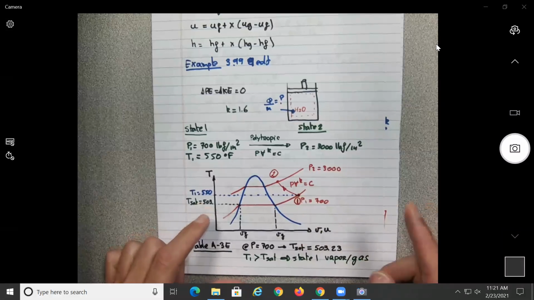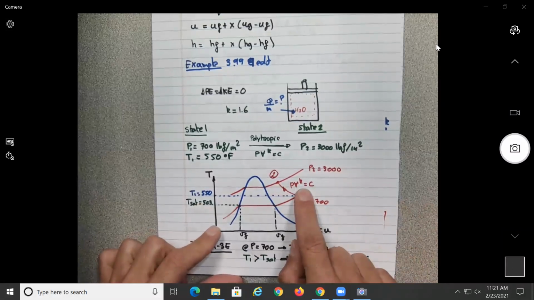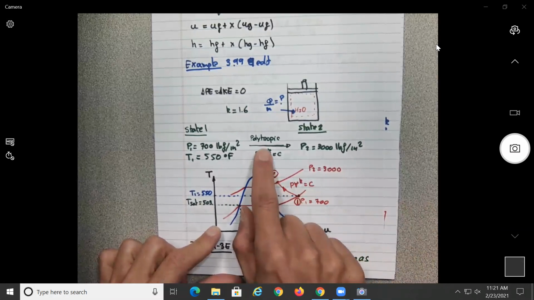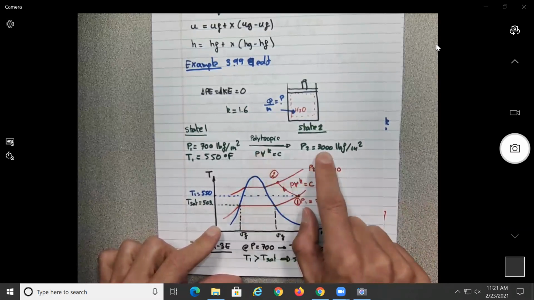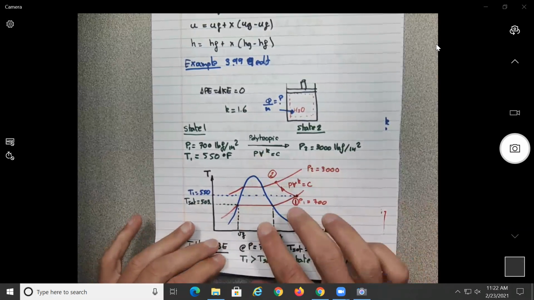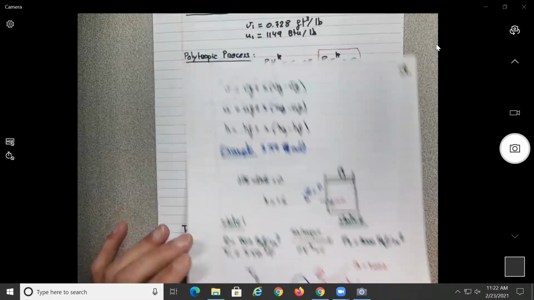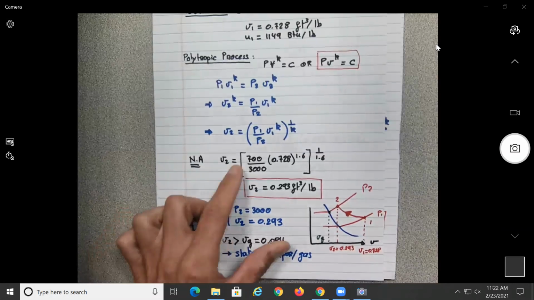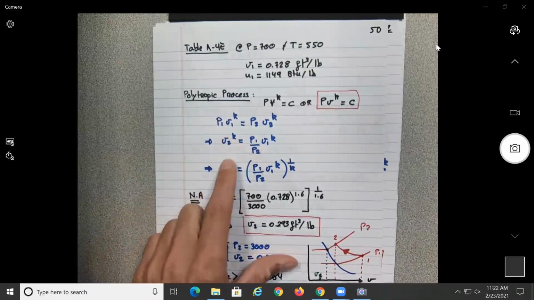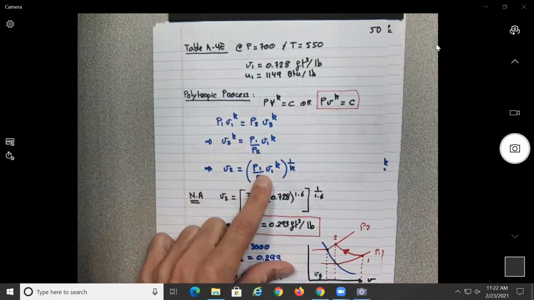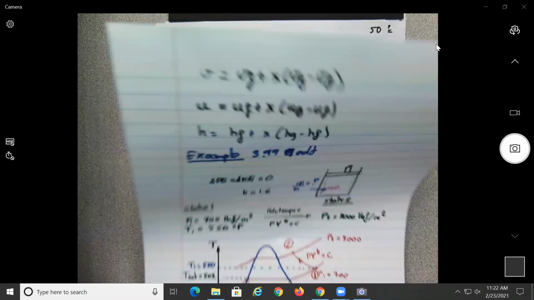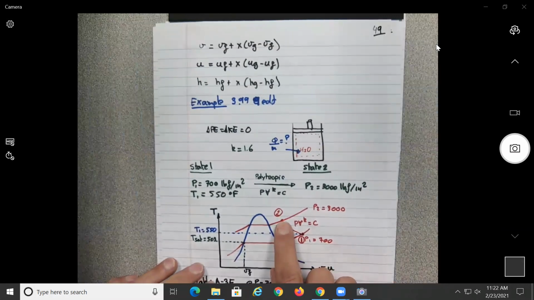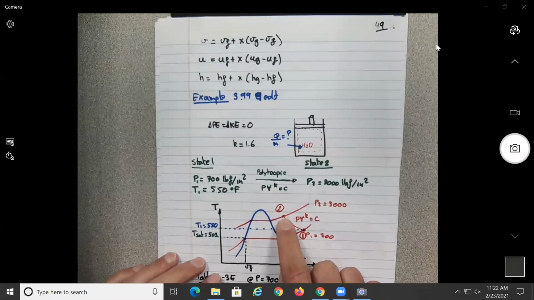All right? Then we knew that this process between 1 and 2 follows a polytropic relation. We knew P2, and using this with the ideal gas, using the polytropic relation, we were able to find V2. So now we knew two things at this stage: we knew P2 and we knew V2, no? By looking at the V2 value, what happened if we know the pressure?